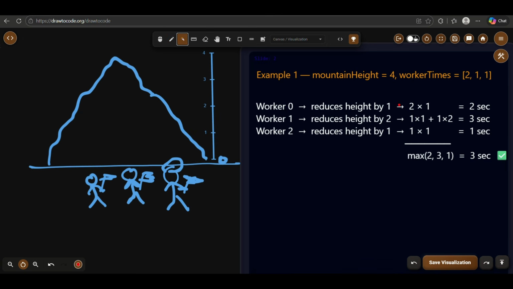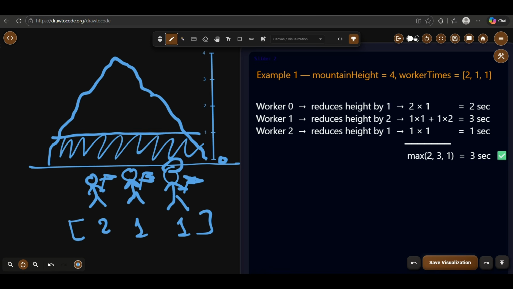Let's see what is given. 2, 1, 1 means the first worker can chop 1 unit of the mountain in 2 seconds. So suppose you want to chop this part, it is 1 unit.